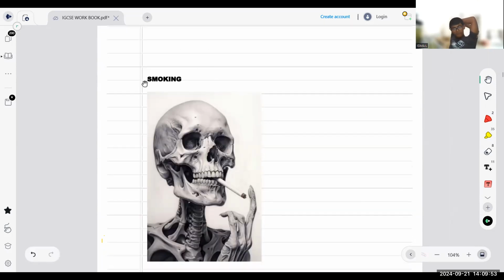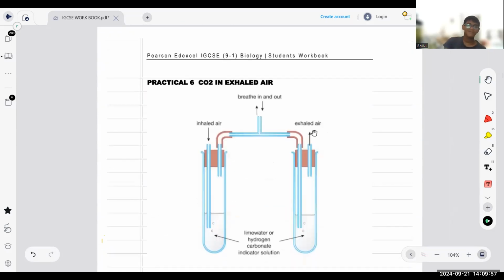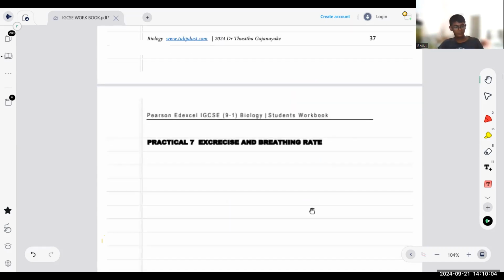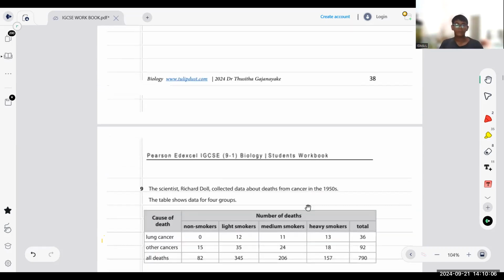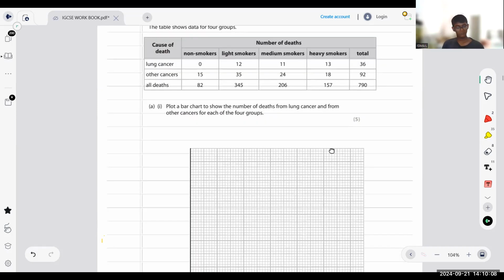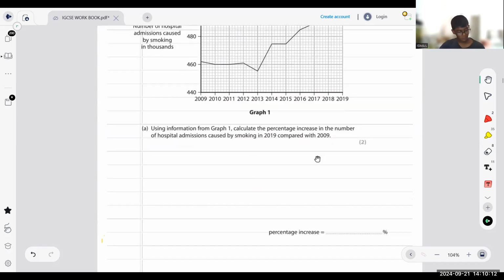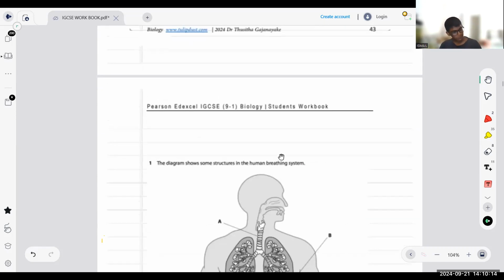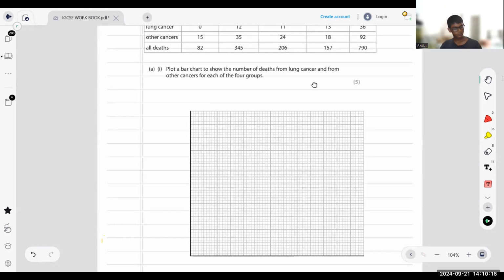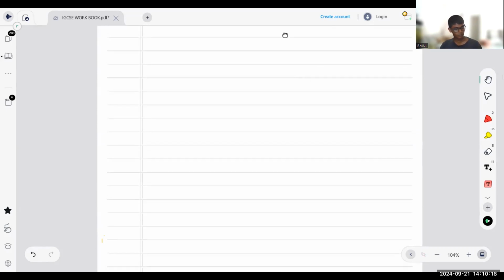After that, we have another lesson about smoking, the bad effects of smoking, and there are 2 practicals. And we have some exam questions to practice. At least 2 or several questions we have to practice for next week.